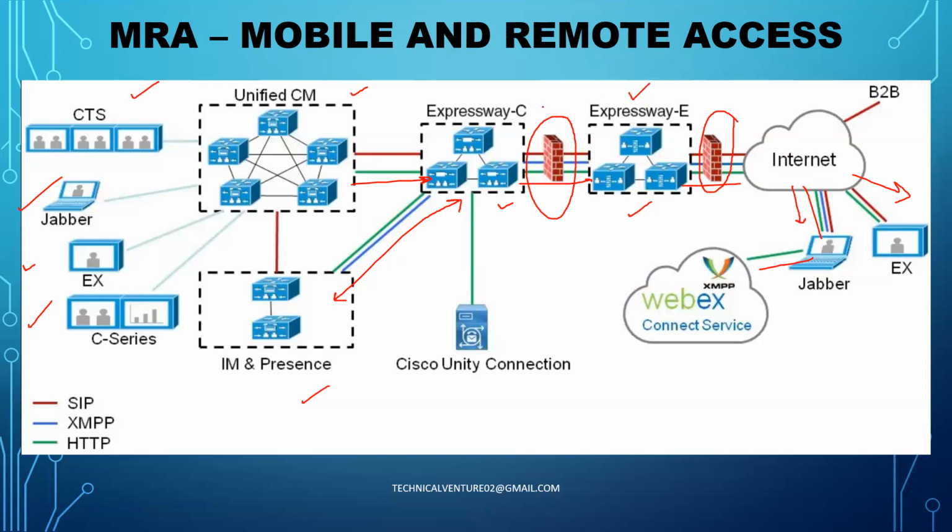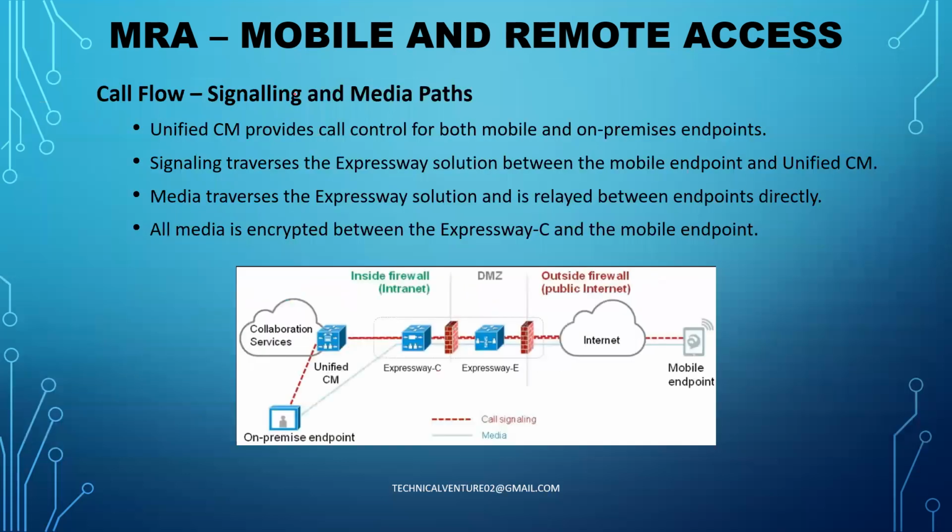Again, there is an internal firewall. Then it will check all the securities as well, and then it will go to the Expressway Core. That's why CUCM will directly say, okay, Core, I'll register that endpoint, because CUCM knows everything is coming up via the firewall.